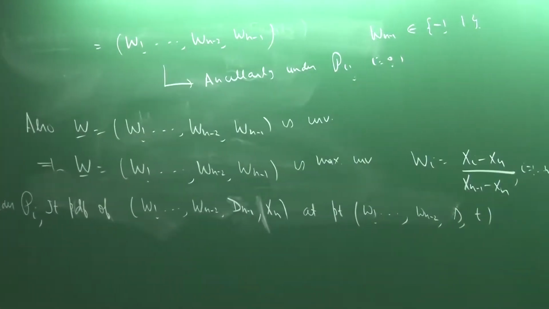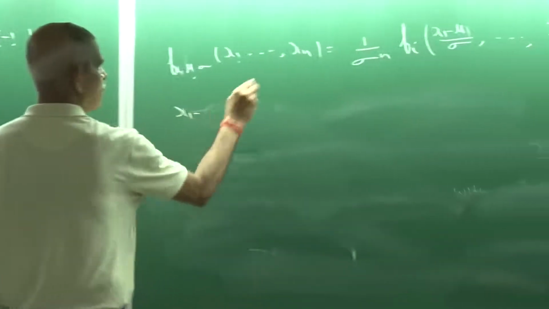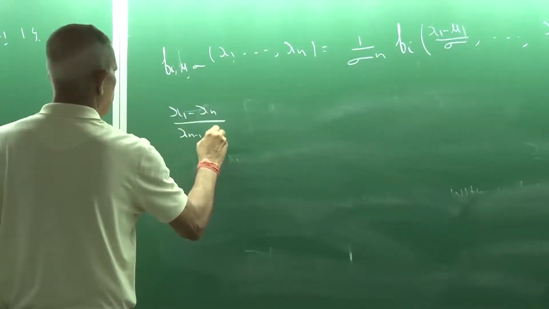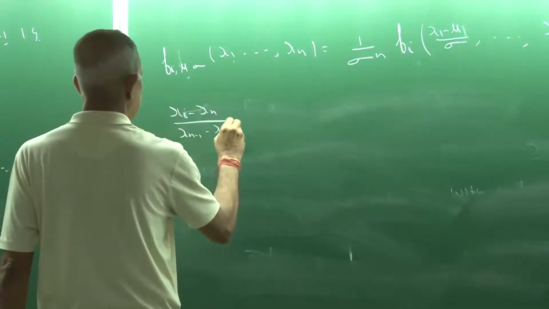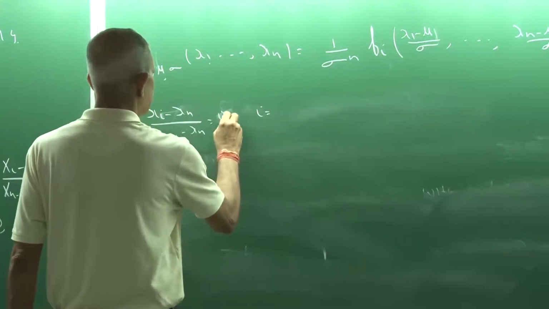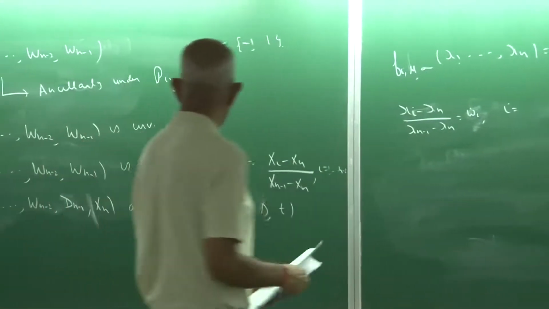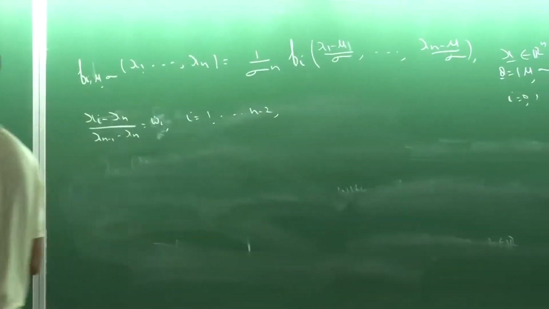What you have is x1. Here I make the transformation xi minus xn upon xn minus 1 minus xn as wi, for i equal to 1 to n minus 2. That is what you are doing.